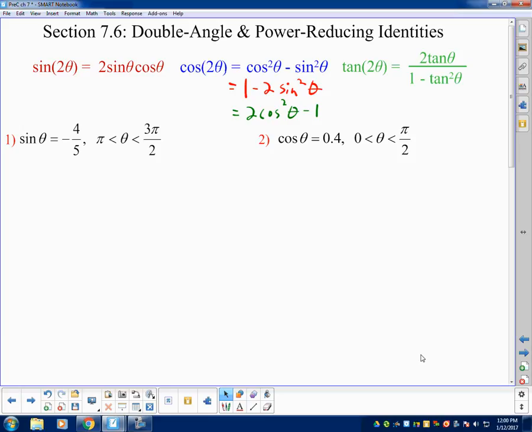So these problems right here kind of connect to the last problem I did on the previous notes, where you're given the ratio for sine, cosine, or tangent of an angle, and so we draw a picture. We're drawing a right triangle. The dead giveaway here is, when I look up there, I see sine of theta equals -4/5.